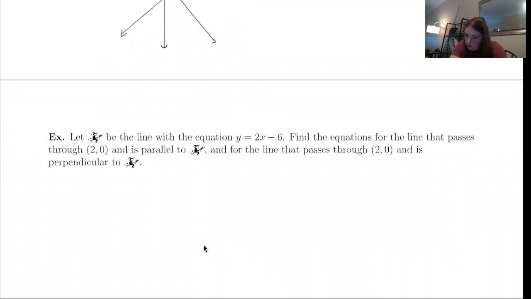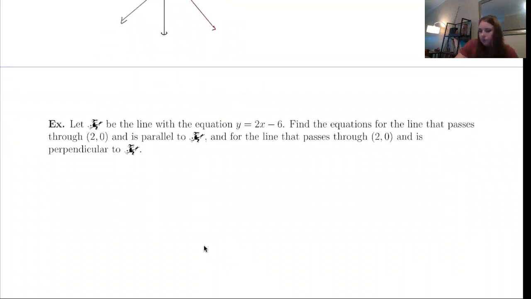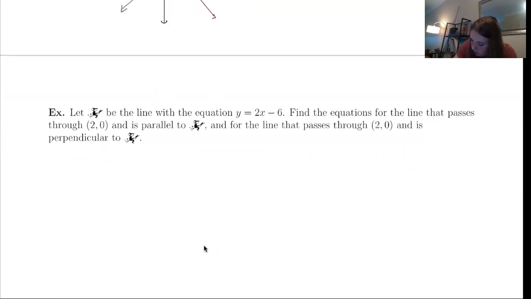So let's do the parallel one first. So let's call that slope M1. What do we think the slope of the parallel line is going to be?